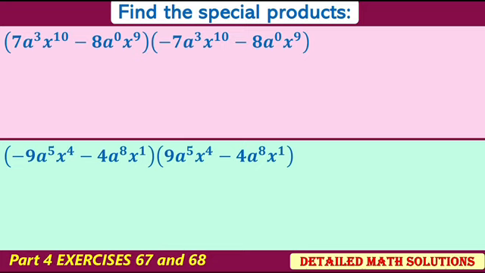In the next exercise, I have the two terms 7a to the third power and x to the 10th power with opposite signs within each parenthesis. I can't apply the formula directly, therefore, I need to write this expression in a slightly different way.